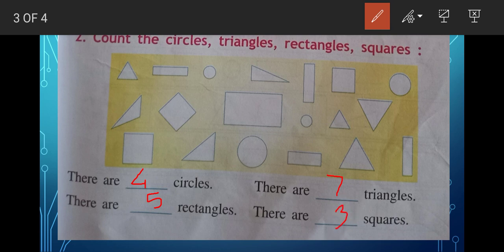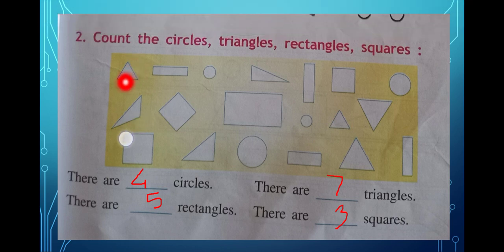So total figures how many? Let us simply count and see how many are there. How many figures are there? 1, 2, 3, 4, 5, 6, 7, 8, 9, 10, 11, 12, 13, 14, 15, 16, 17, 18, 19. Yes, and we have written about all the figures here.